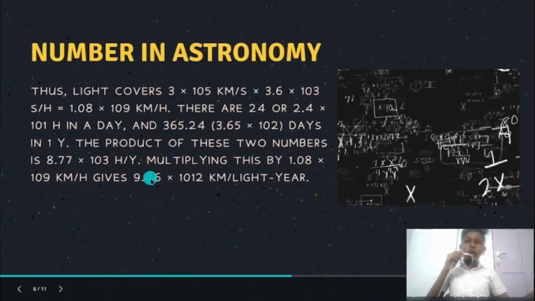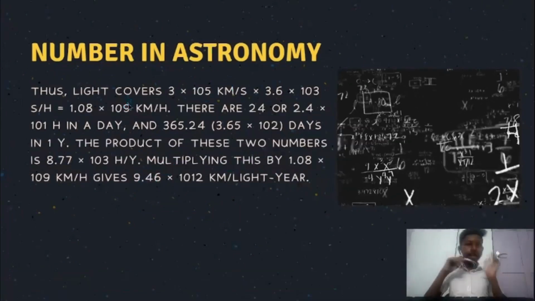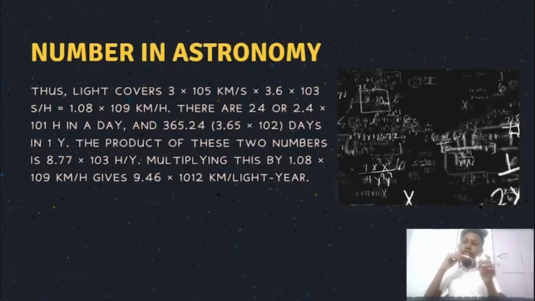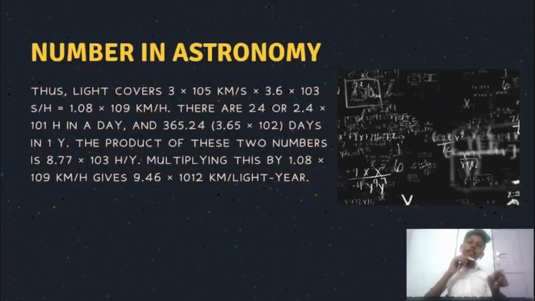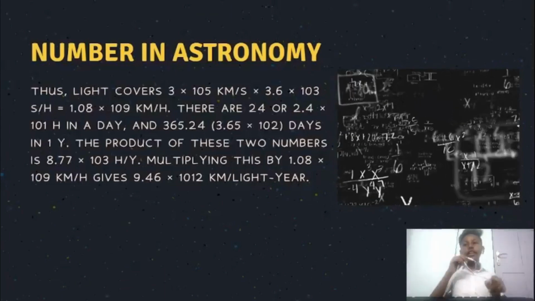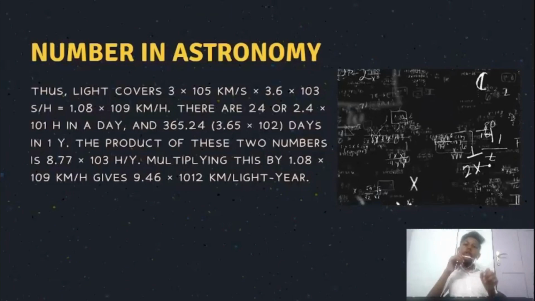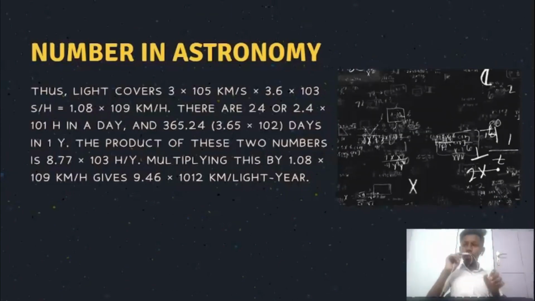Numbers in astronomy. Light covers 3 × 10^5 km per second times 3.6 × 10^3 seconds, which is equal to 1.08 × 10^9 km per hour. There are 24, or 2.4 × 10^1, hours in a day and 365.24, or 3.65 × 10^2, days in 1 year.